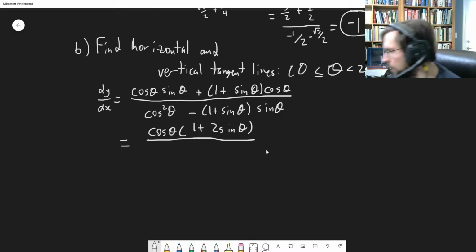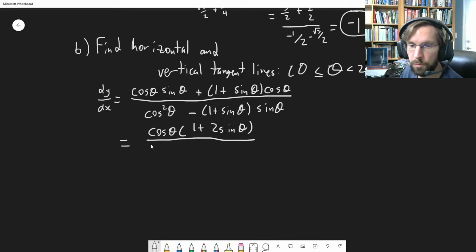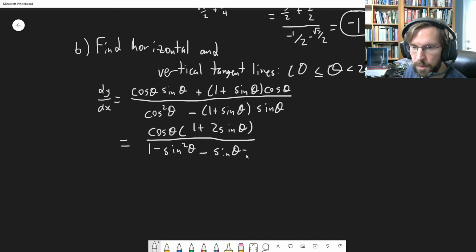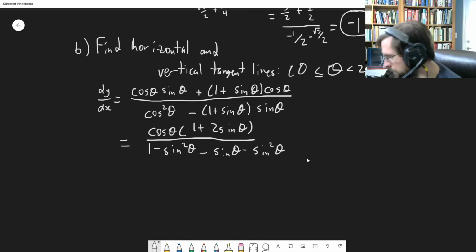And we can use the Pythagorean identity in the denominator and rewrite the cosine squared theta as 1 minus sine squared theta. So this is 1 minus sine squared theta, distribute the sine theta, minus sine theta minus sine squared theta.